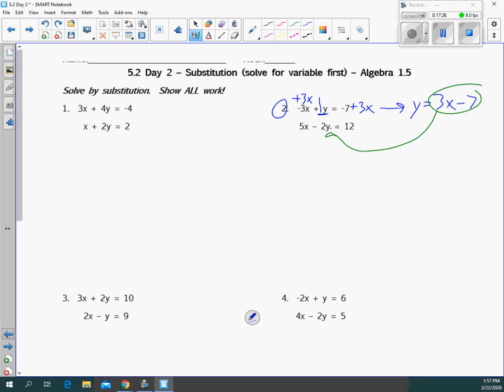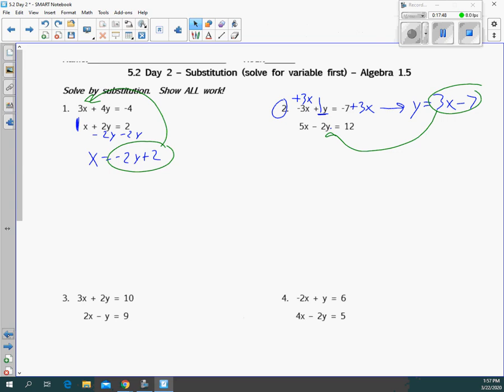Okay? If you had to do number 1, what would you solve for? I would solve for that one. Why? Because it's a regular x. So I'd minus 2y, and I get x equals negative 2y plus 2. This is what I would plug in for x. Let's scroll down.